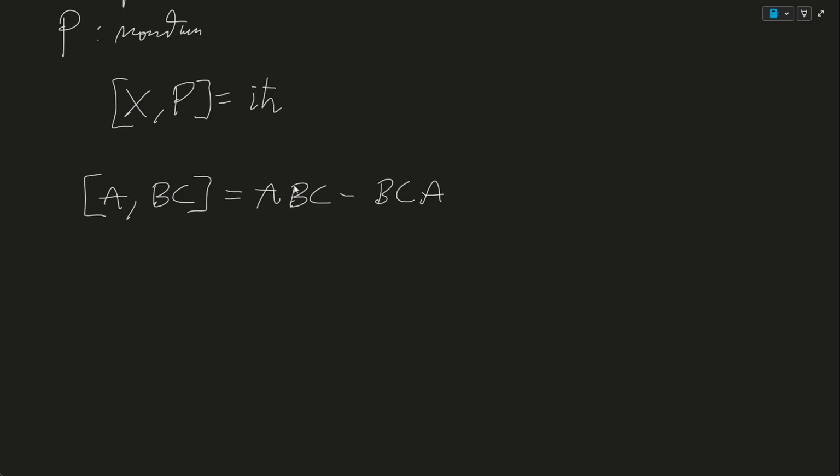What we can do, though, a useful trick, is we're going to add and subtract identical terms in the middle here. So we'll do ABC minus BAC plus BAC minus BCA. Of course, our plus and minuses are basic binary operators, so they don't apply under this unary operator algebra, so we can continue.